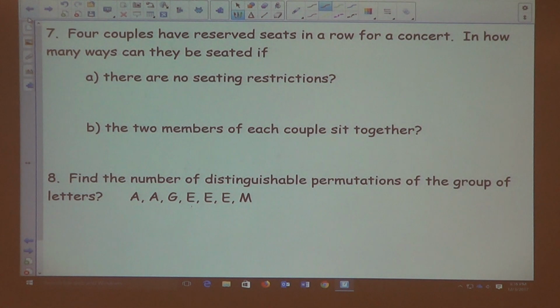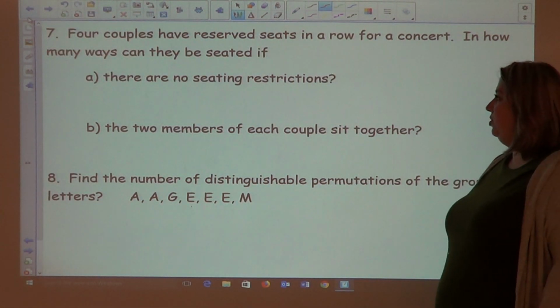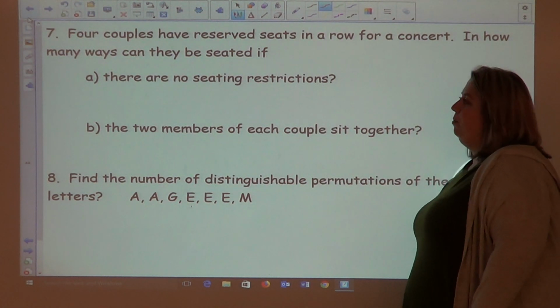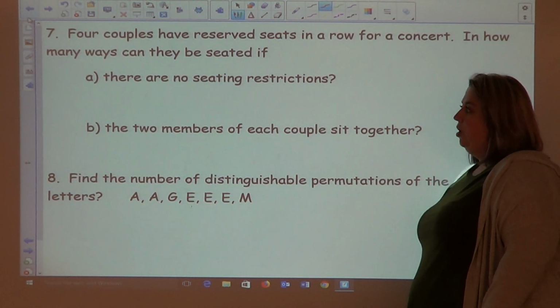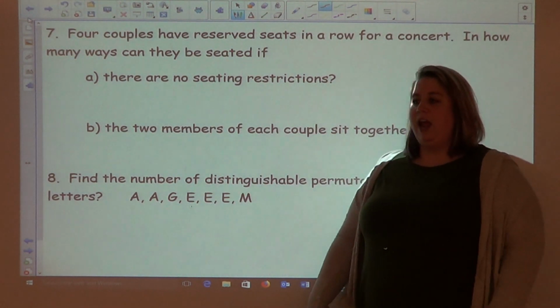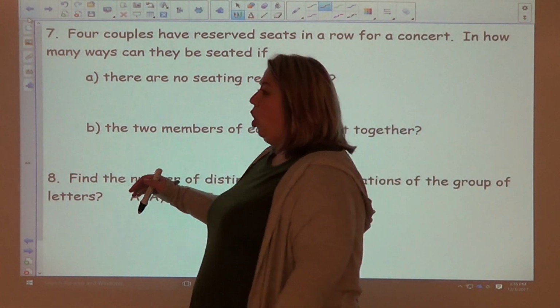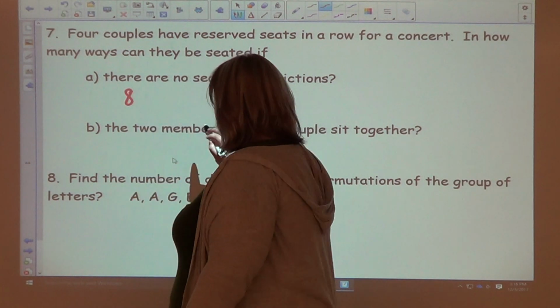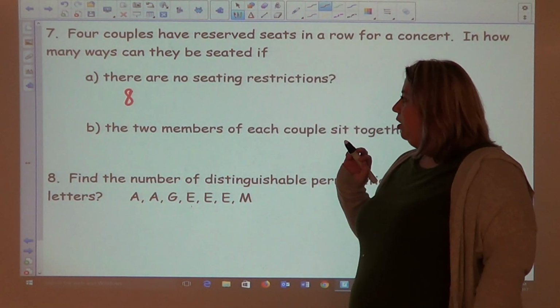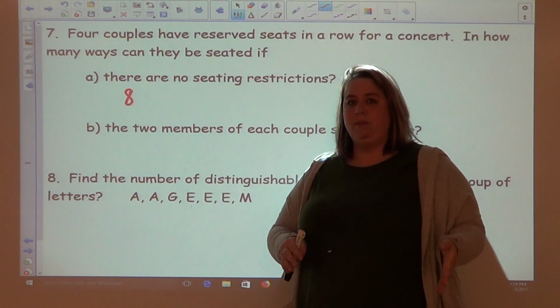Okay, number 7. 4 couples have reserved seats in a row for a concert. How many ways can they be seated if A, there are no seating restrictions, and then B, the 2 members of each couple sit together? Okay, 4 couples. That means there's 8 people. Okay, no seating restrictions. So if I have a row of 8 seats, how many people can sit in the first seat? Well, all 8 can pick from that first seat. Once that person sat down, there are 7 people left.